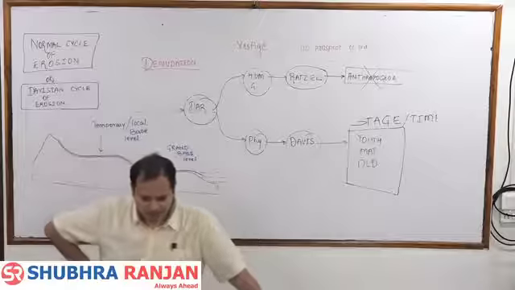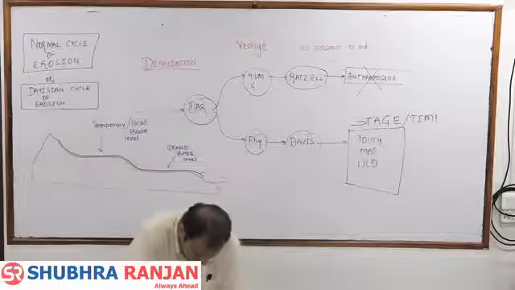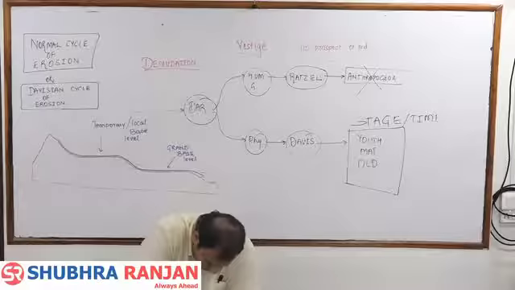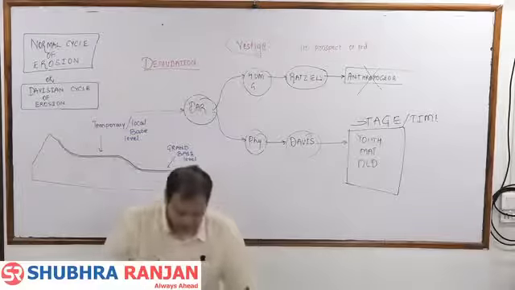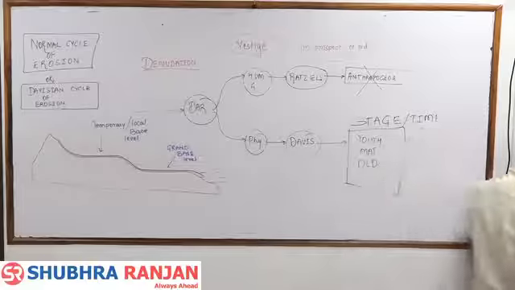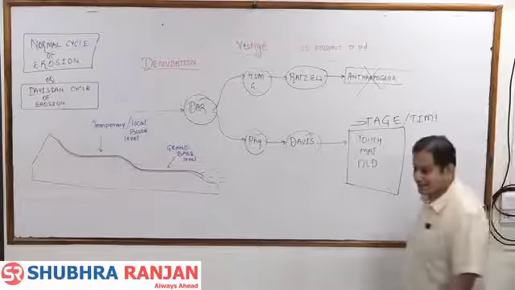Agents of denudation will start reducing the height of the landforms, to give rise to featureless peneplain. What is the problem here? To give rise to featureless peneplain.